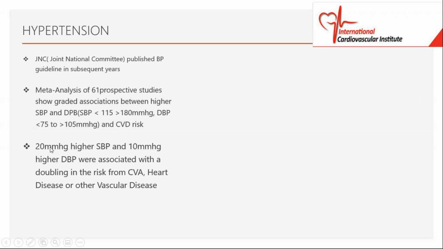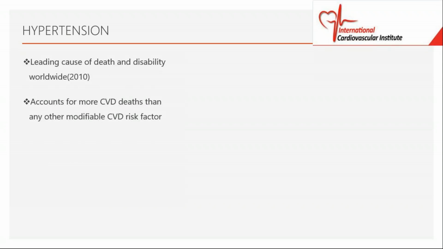And if you have a systolic 20 millimeter increase in blood pressure or a diastolic 10 millimeter increase in blood pressure, it results in a doubling of cerebrovascular accident, heart disease, and other vascular disease. So what we're saying is that hypertension is a very strong risk factor for coronary cardiovascular disease.